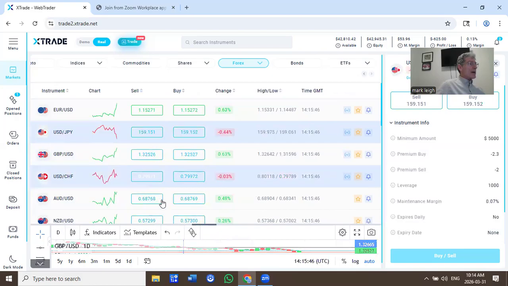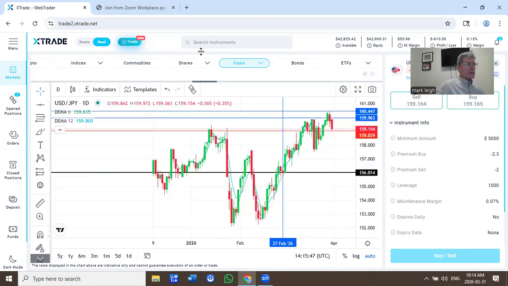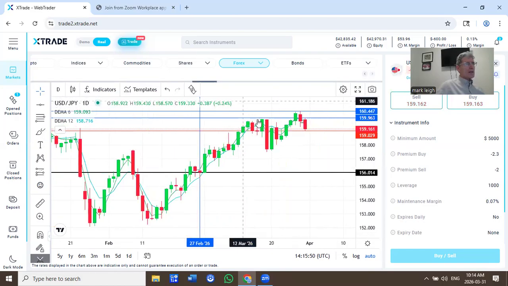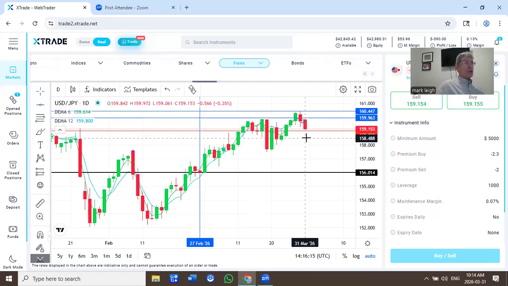Let's have a look at the US yen pair. And there you see certainly the US dollar giving up a lot against the yen. If you see yesterday, which I did point out, there's the bearish engulfing candlestick, the red candlestick, which certainly continued, played out, and proved to be a strong reversal sign yesterday, as you see it continuing today.